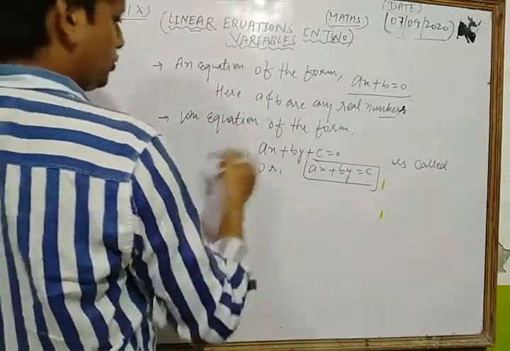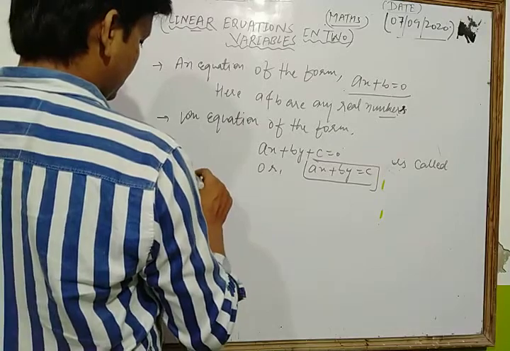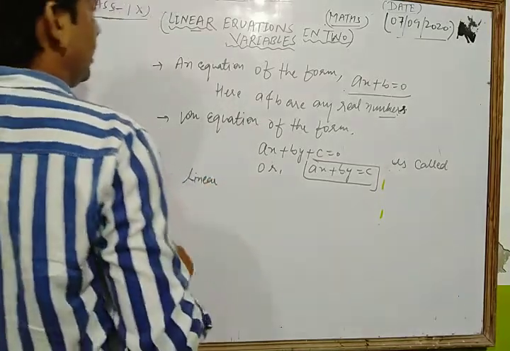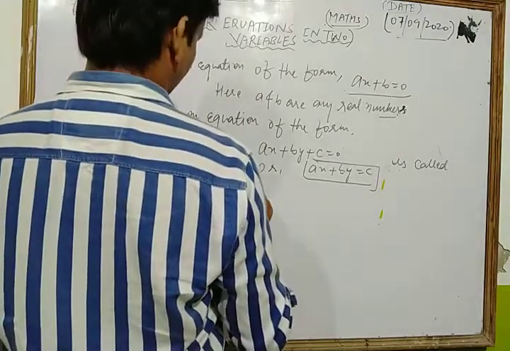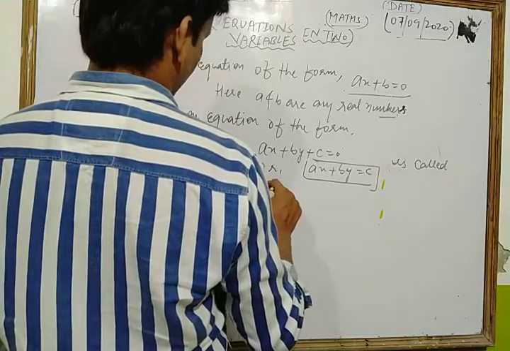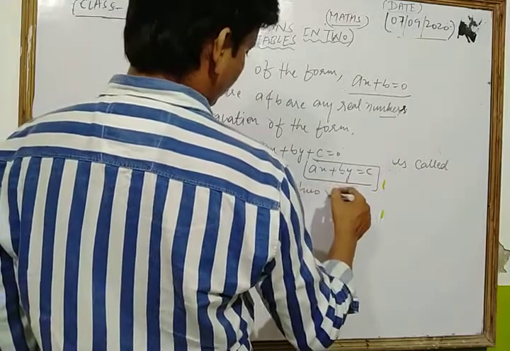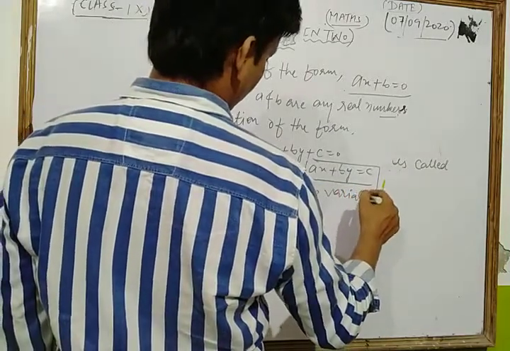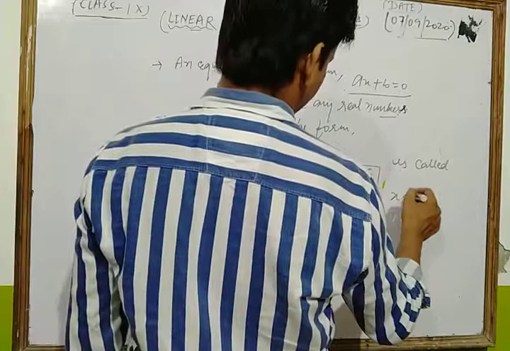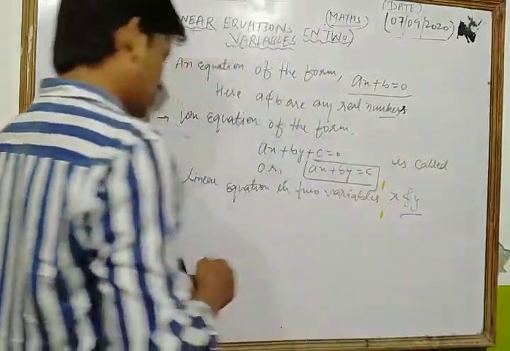A linear equation in two variables x and y.